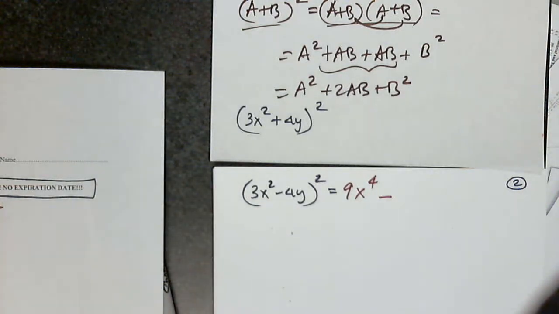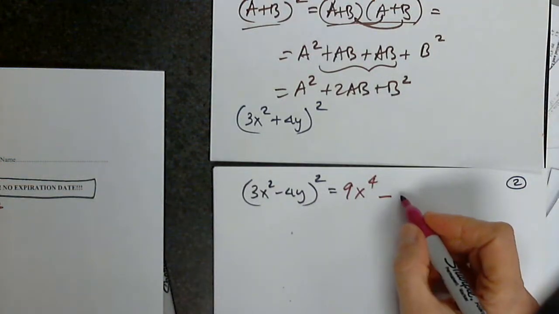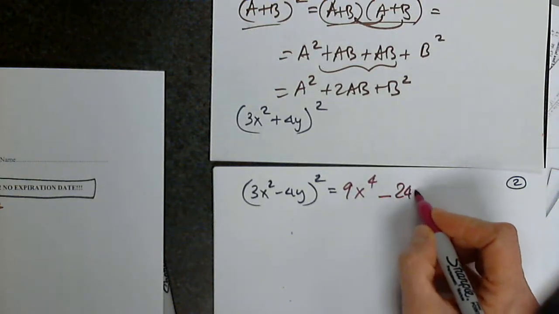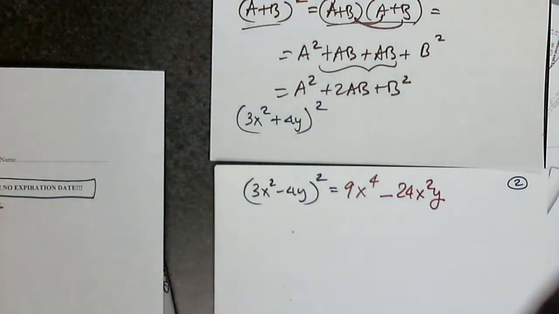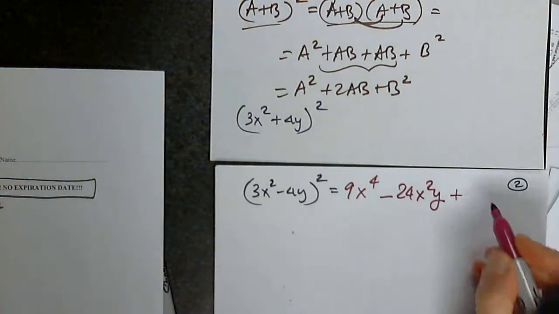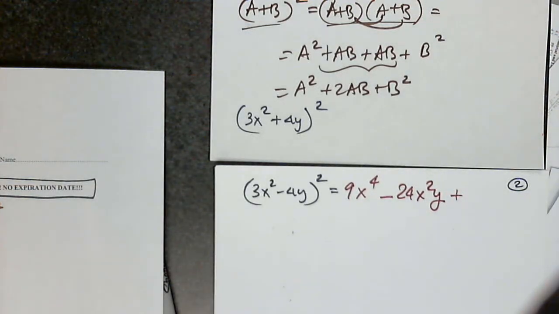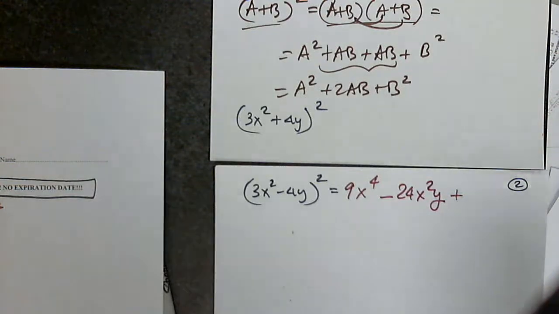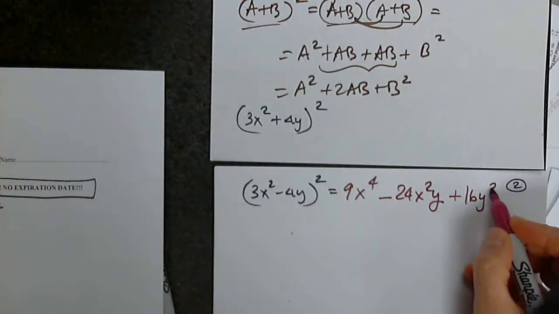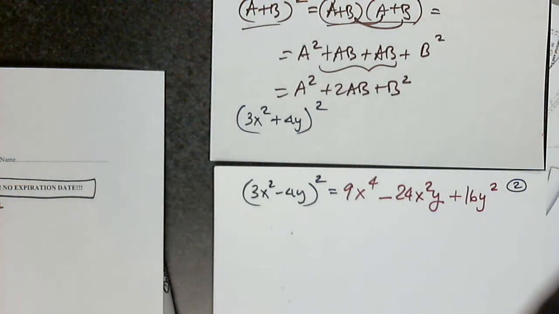Awesome. 12x squared y times 2 in front, 24x squared y. Do we all understand this? Yes? Okay, plus the last term squared. The second term squared. Awesome. Very good.